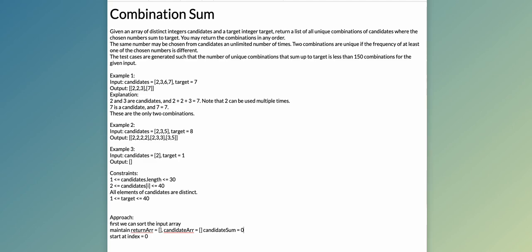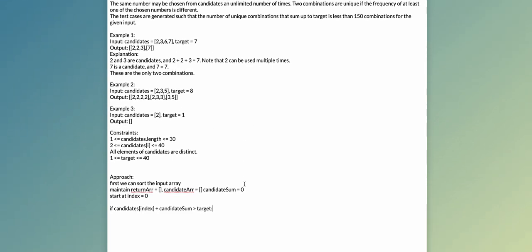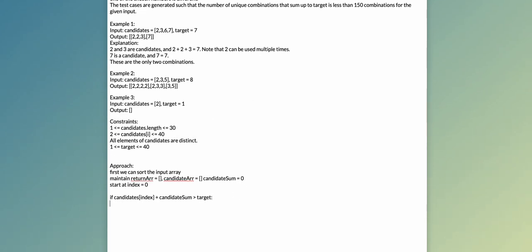The reason we sort is that if candidates of index plus candidate sum is greater than target, then we can have an early termination condition.